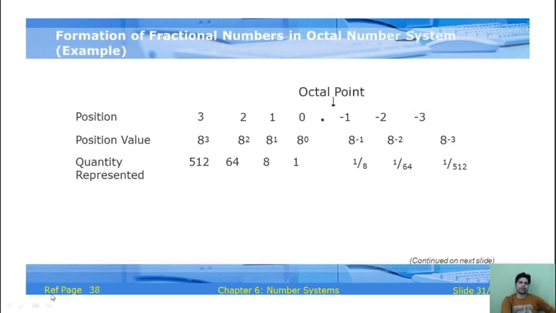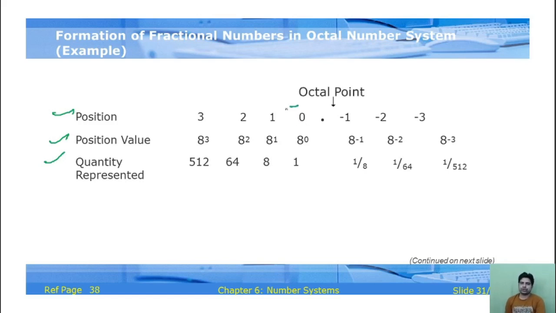Next, the same concept is applied to the octal point also. There is a formation of the fractional number in the octal number system. Example: this is the position value and the quantity represented.